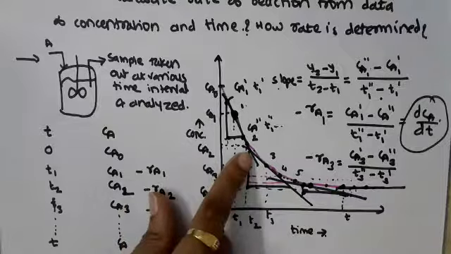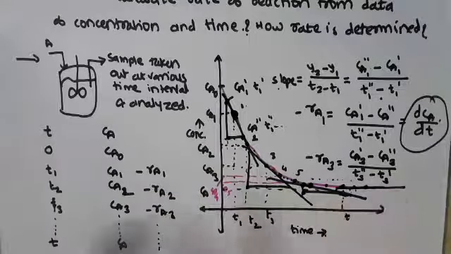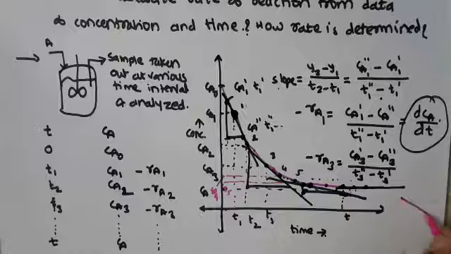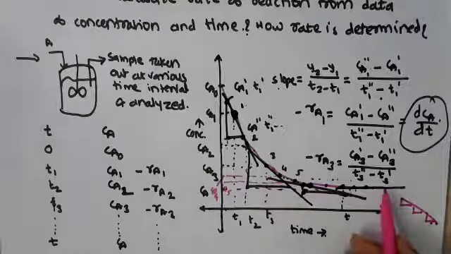So you will see that the slope is changing, that means the rate is changing. But if you consider a straight line graph, whether you determine the slope here or here or here, it doesn't make any difference. Why? Because the slope of a straight line is always constant, but the slope of a curve always changes.